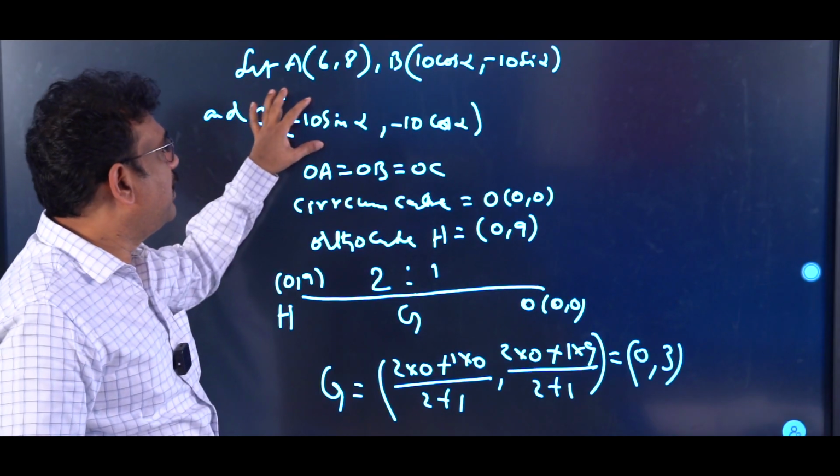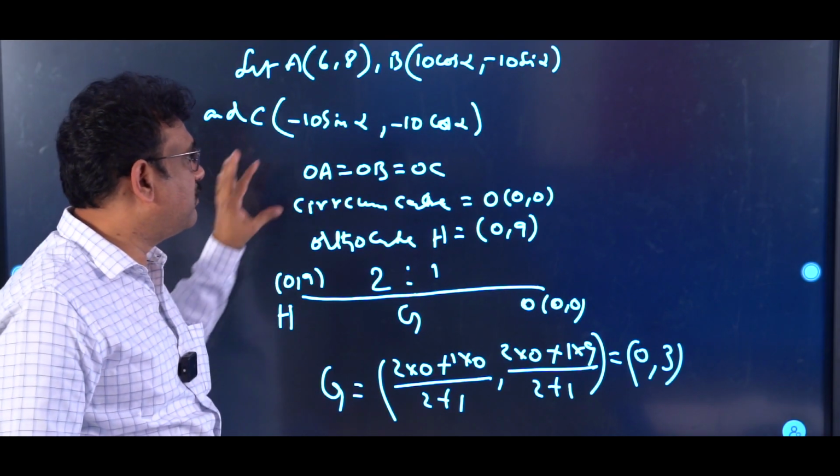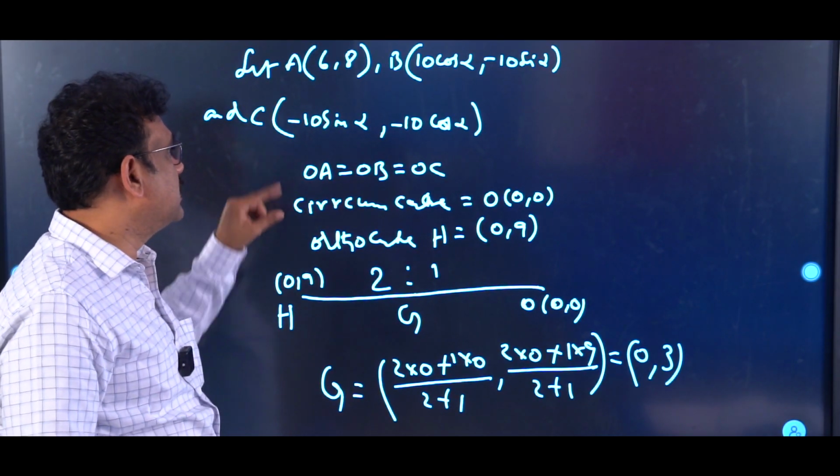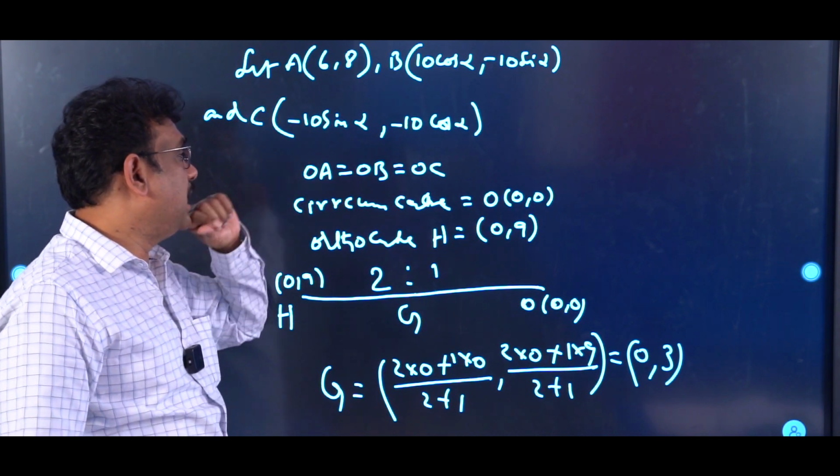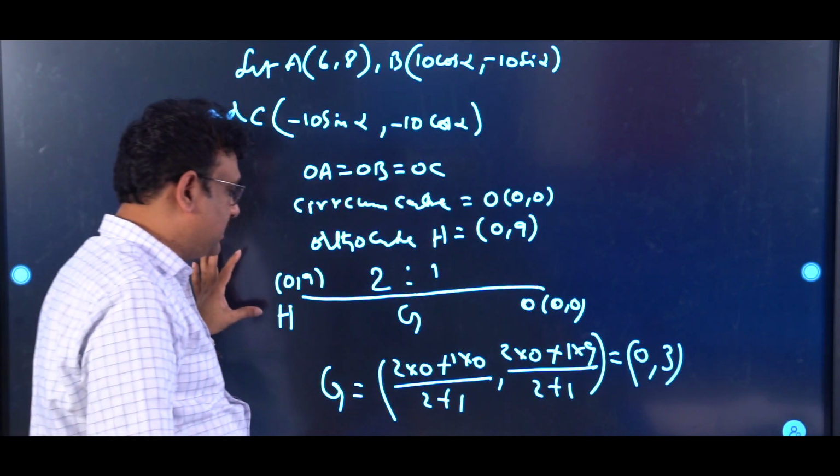So already we are given A, B, C as the coordinates of the given triangle. The centroid of the triangle is (x1 plus x2 plus x3) by 3.